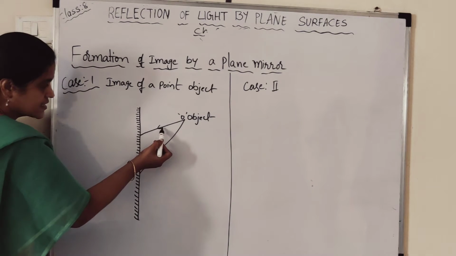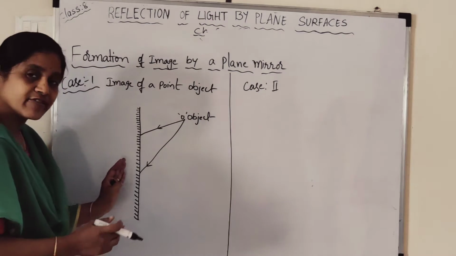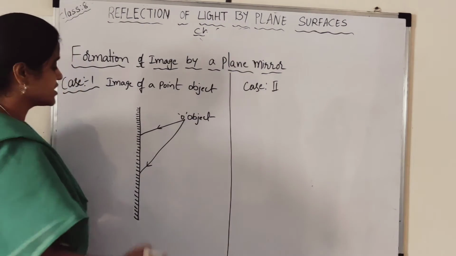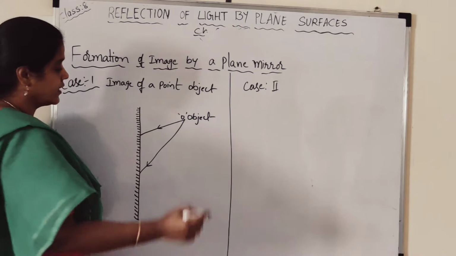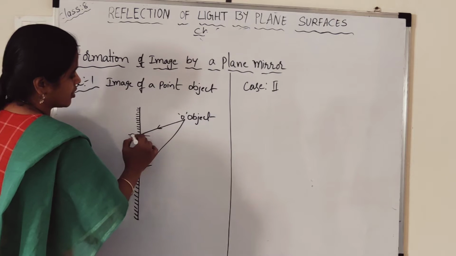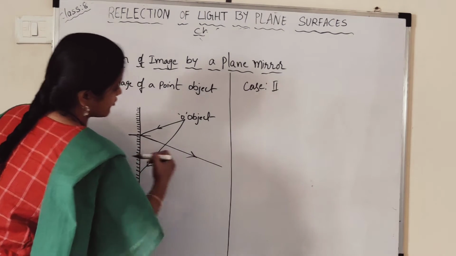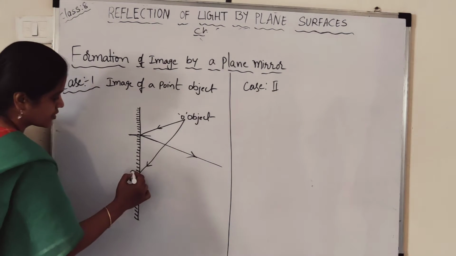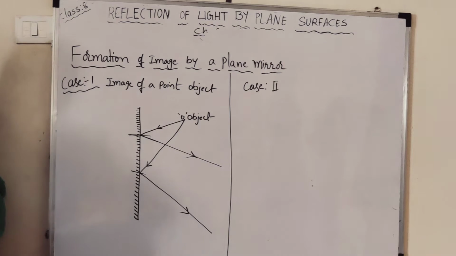Now when the incident rays fall on the mirror, the surface acts as a reflecting surface and immediately reflection takes place. If you draw a normal, the ray reflects with the same angle. For this ray also, with the same angle, reflection takes place.